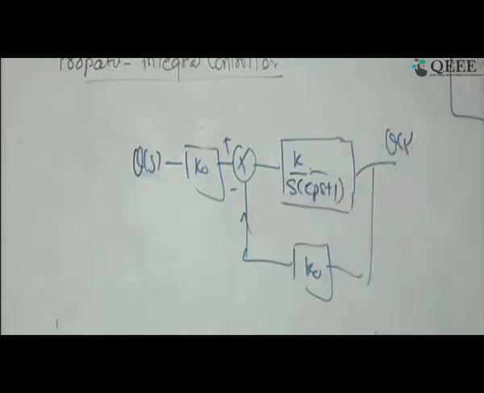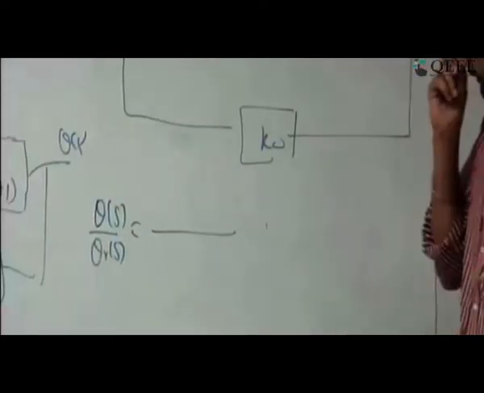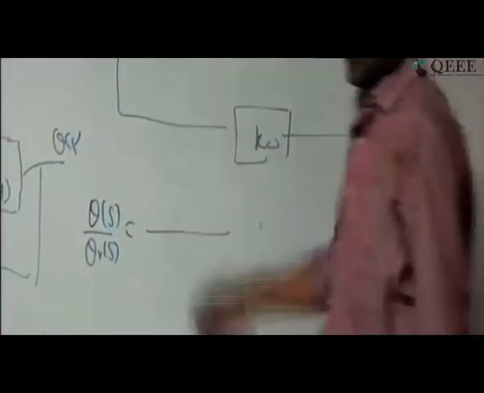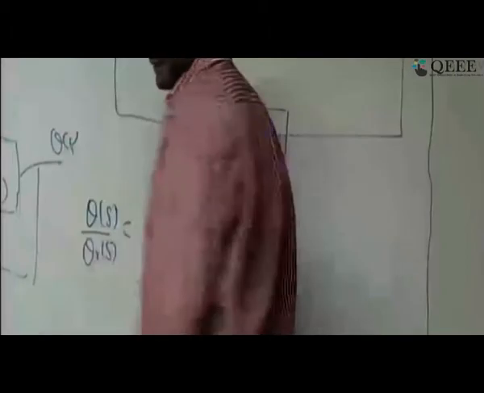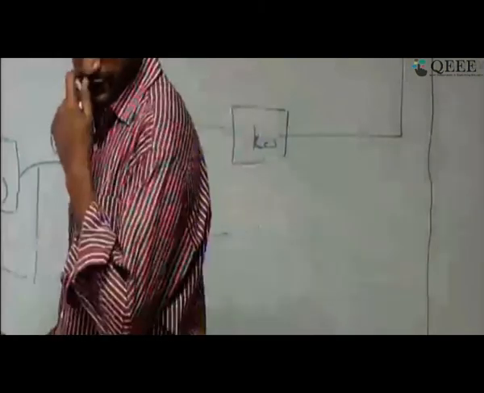Fine. Now you write theta s by theta rs. This is what is required. So you can solve it. It is going to be theta s by theta rs, and as I have worked out, k by s square tau p plus s plus k.